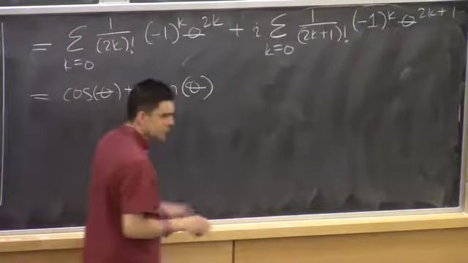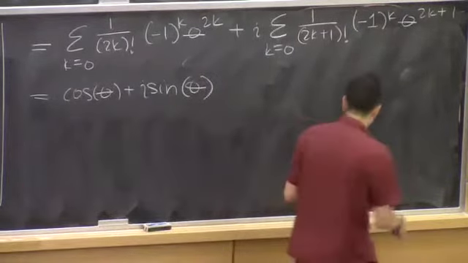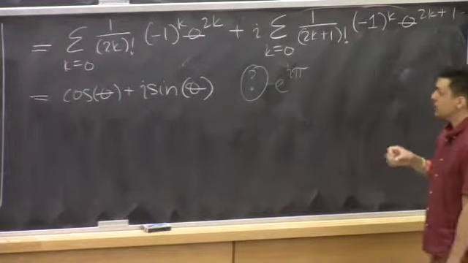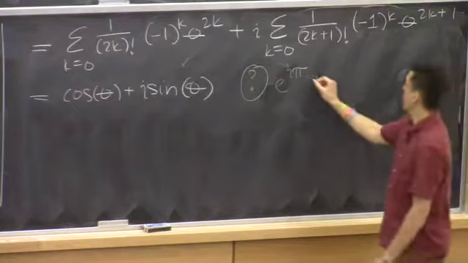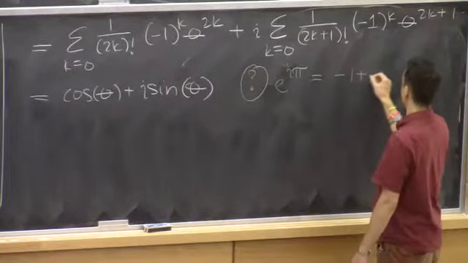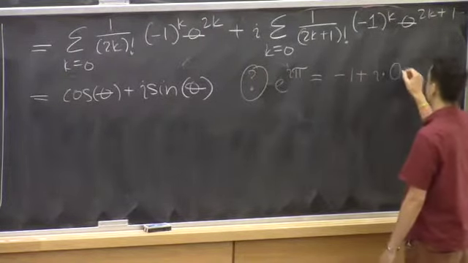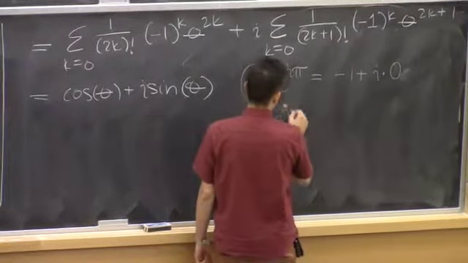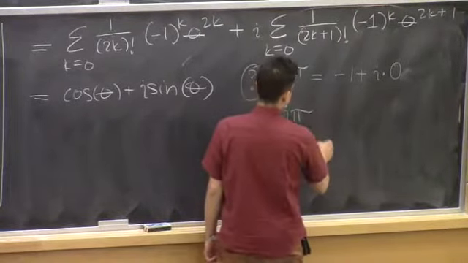So this has the following kind of nice consequence, which goes like this. If we put in pi, then we get -1 plus i times 0. So we get e to the i pi plus 1.